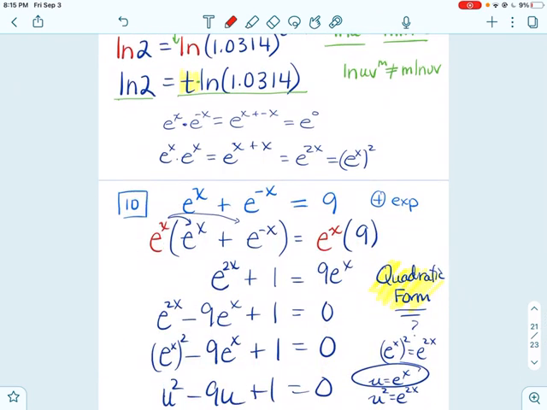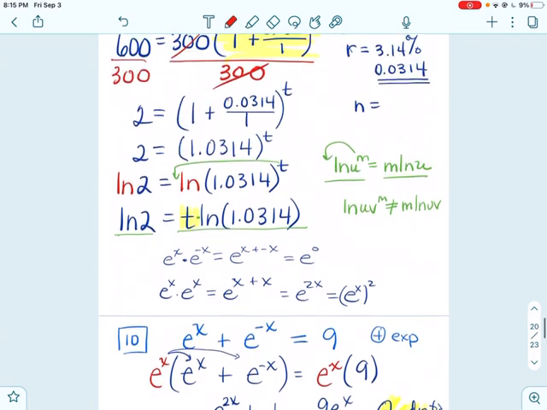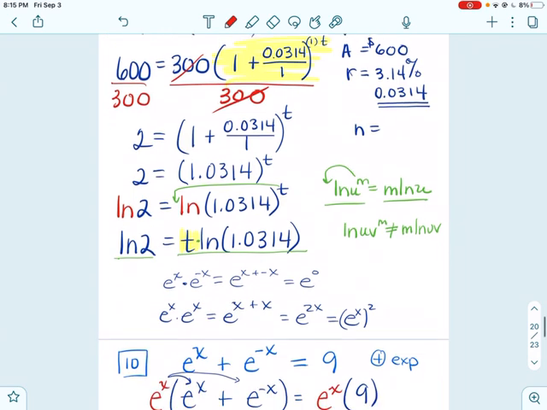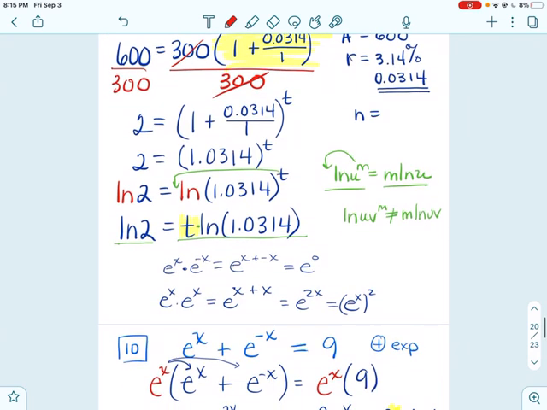Then with number 10, there's a little manipulation. When you run into an equation like e to the x plus e to the negative x is equal to 9, there are sometimes these little mathematical tricks that we have. We know that we like quadratic forms. If I can make an e to the 2x, that's really e to the x squared.